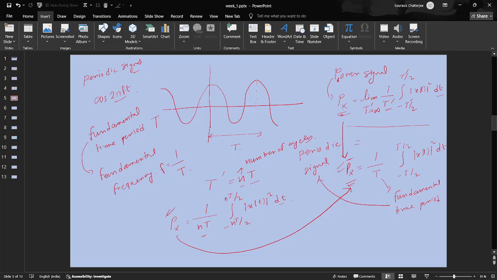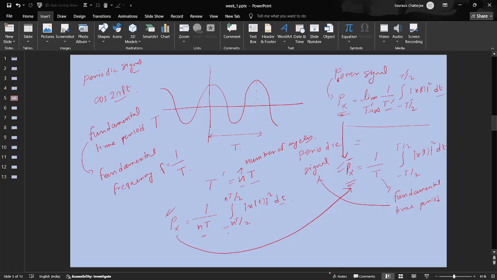It's not exactly the energy being zero at every period. See here, I'm basically observing the energy over n cycles, right? And you already mentioned that for a periodic signal it repeats itself over a certain period of time, which is T here. So I can pick any cycle, the energy is going to be the same because the pattern remains unique over a single time period.